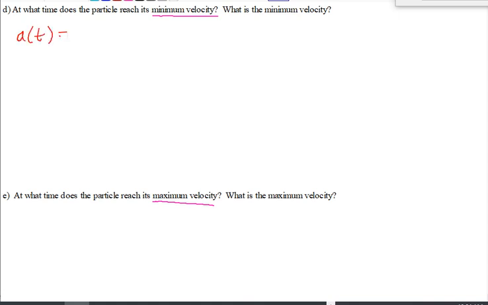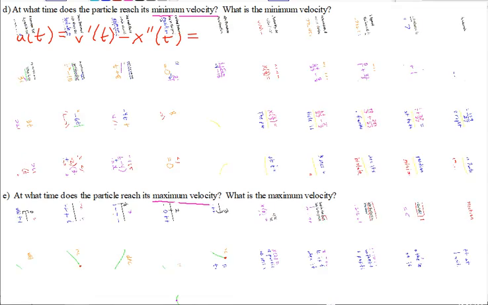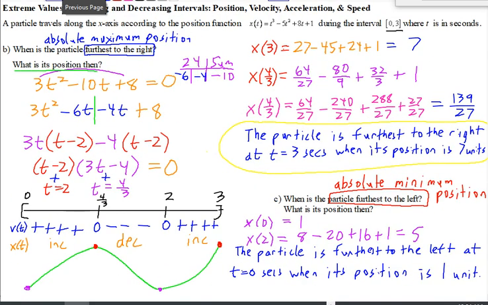So acceleration, you can write as a of t, v prime of t, or in this case, x double prime of t. And if we take our velocity that we had right here, which was 3t squared minus 10t plus 8, the derivative would be 6t minus 10.